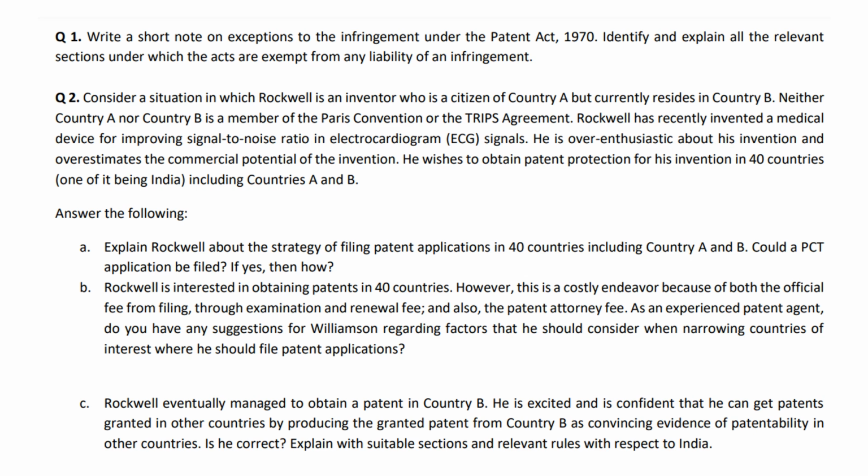Now part C, Rockwell eventually managed to obtain a patent in country B. He is excited and confident to get his patent in other countries also, by producing the granted patent of country B as convincing evidence of patentability in other countries. Is it correct? Explain suitable sections and relevant rules with respect to India. So of course, we've already understood that one country grant cannot influence the grant of the same invention in other countries.